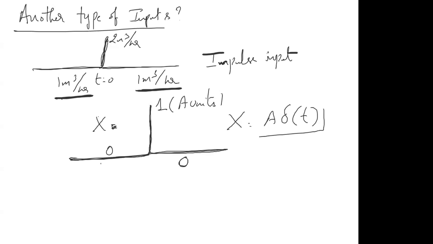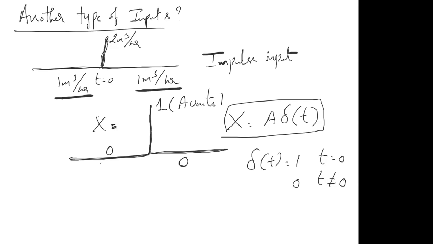What is the delta Dirac function? Delta of t is 1 when t is equal to 0, and 0 when t is not equal to 0. Clear? So what is the Laplace transform of this one? X of s is equal to the integral from 0 to infinity of e power minus st into A into delta of t into dt.